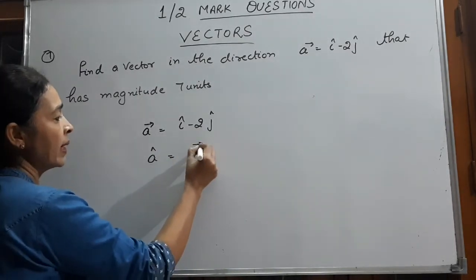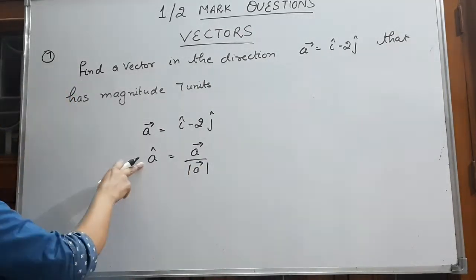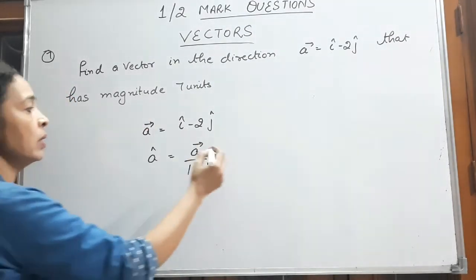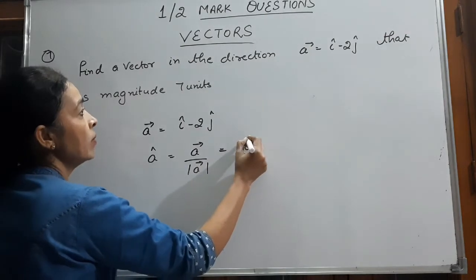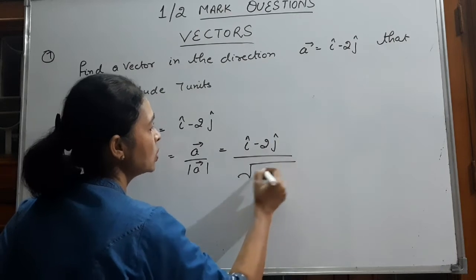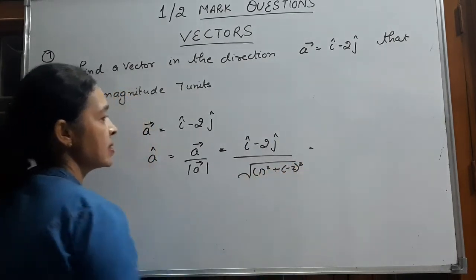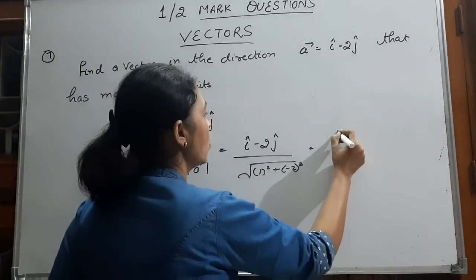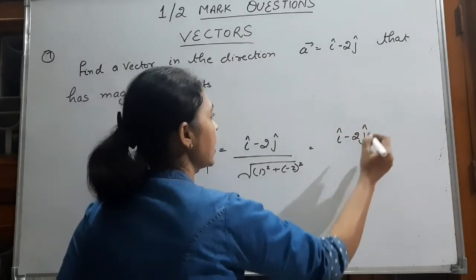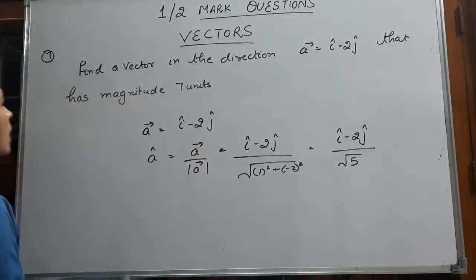A cap is vector A upon magnitude of vector A. Vector A is I cap minus 2j cap upon under root 1 square plus minus 2 square. This is equal to vector I cap minus 2j cap upon root 5.